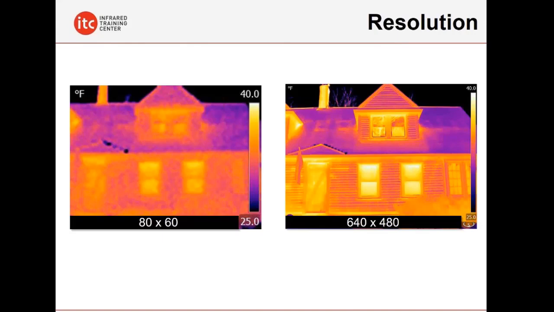That could potentially cost you in your ability to properly identify things like missing insulation or air leakage, or perhaps electrical problems occurring in an outdoor utility situation, in a substation, things like that. You might miss these problems because you don't have sufficient resolution to be able to look at that problem.